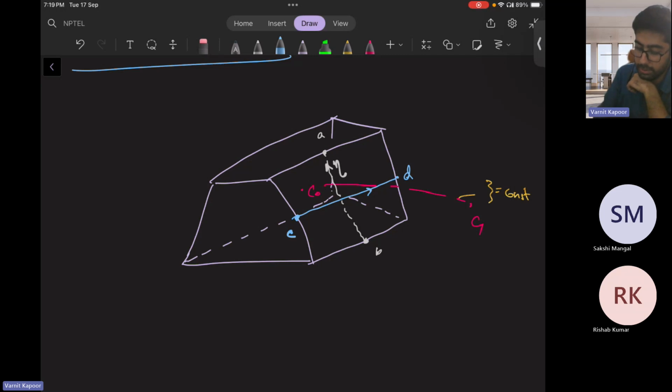Suppose you can take some direction xi, a third direction. This is xi, the third direction. All right. Perpendicular to the eta. So it is not always necessary to be perpendicular.